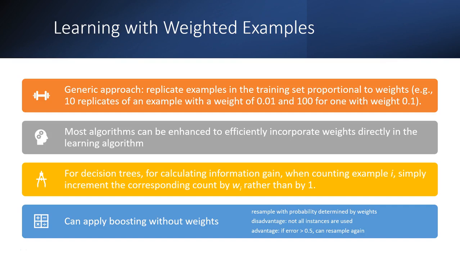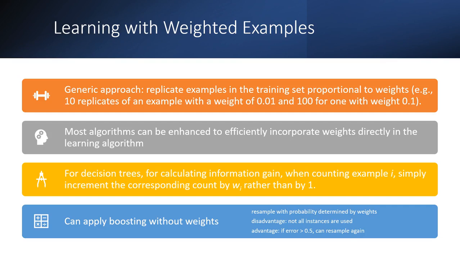So when we're looking at weighted examples, we have a generic approach where we replicate our examples in the training set proportional to their weights. One thing to keep in mind is that most algorithms can be enhanced to incorporate the weights directly into their learning algorithm. When we're looking at decision trees, we can calculate information gain.